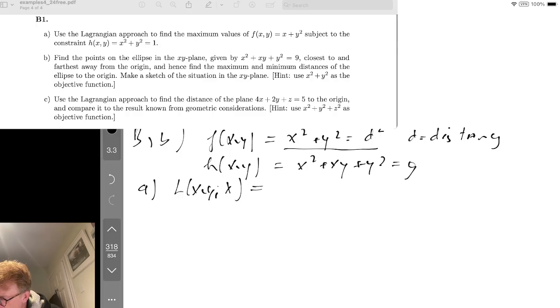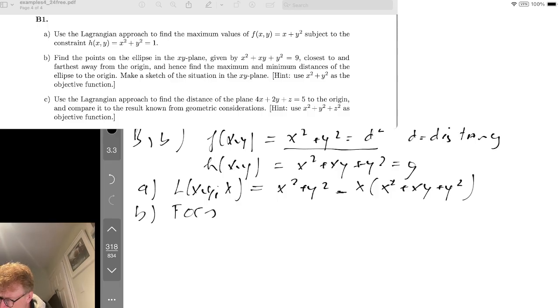But this is now x squared plus y squared minus lambda times (x squared plus xy plus y squared minus 9). Step B is the FOCs. Step C is, you have to write them down. Step C is solve the FOCs, and then D is the sketch.